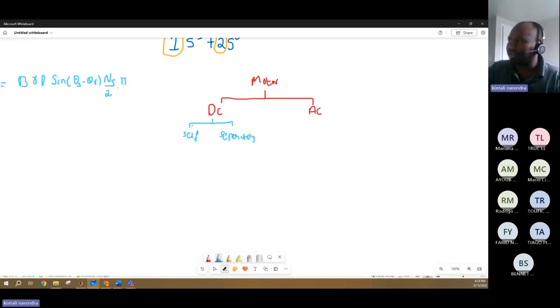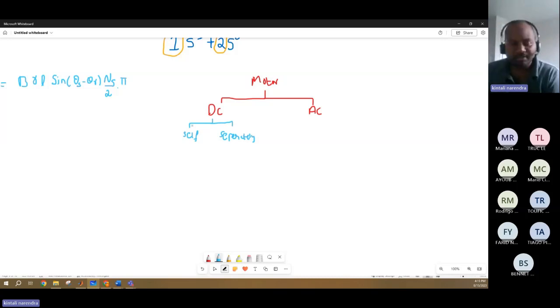What are the armature and the field? You need to come back to the definition of the motor: when a current carrying conductor is placed in a magnetic field, there will be a force acting upon it.